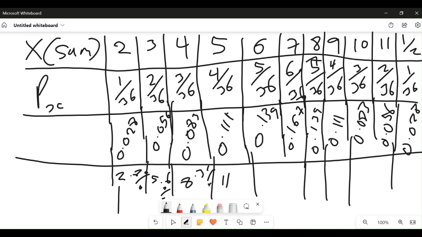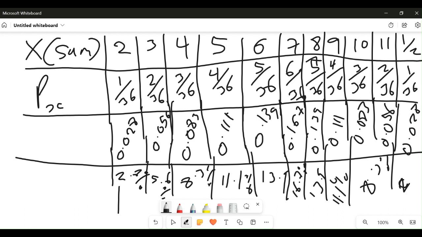This will be 11.1%. This will be 13.9%. This will be 16.7%. This will be 13.9%. This will be 11.1%. This will be 8.3%. And this will be 2.8%.